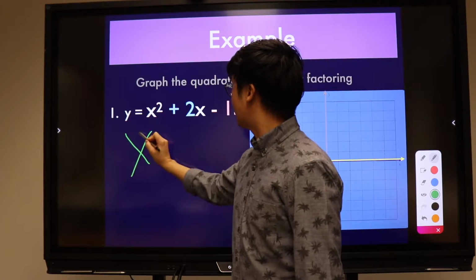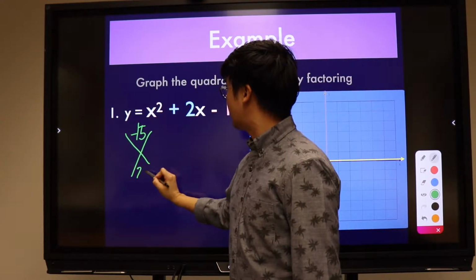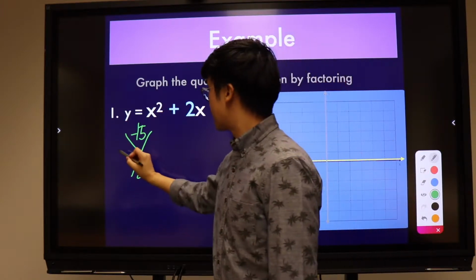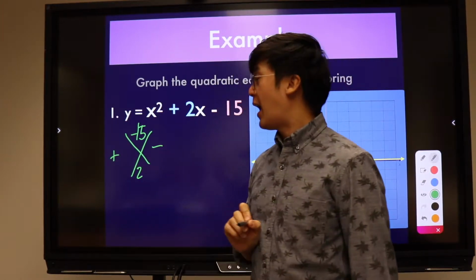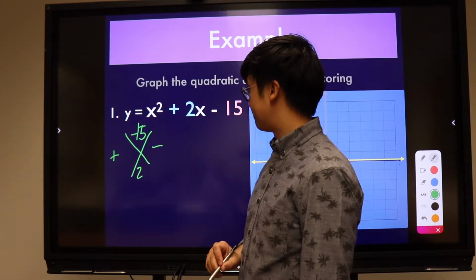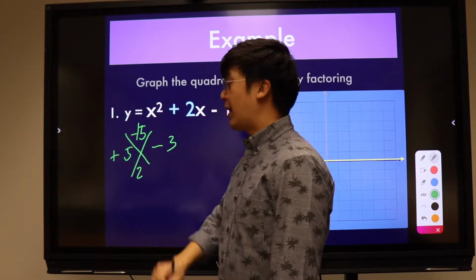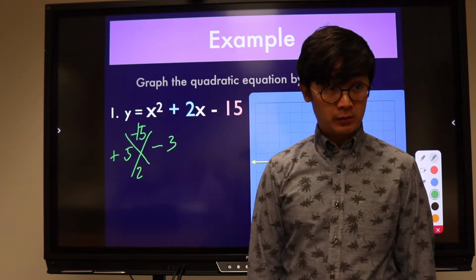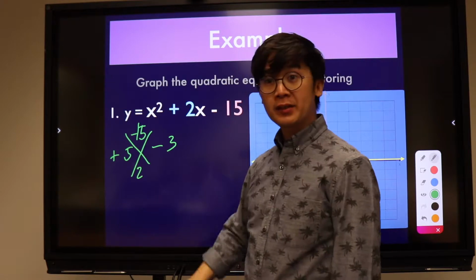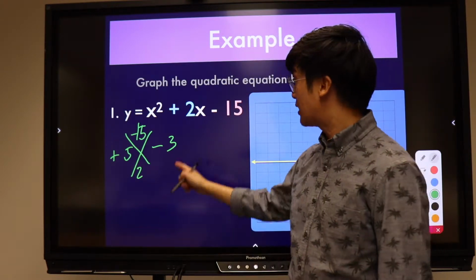If I have -15, and I need to find the two factors, what are the two factors? Positive and negative, right? 3 and 5, but which one is negative? 3. And now we have solved the puzzle. 5 times -3 is -15. -3 plus 5 is equal to 2. Now we can factor this.